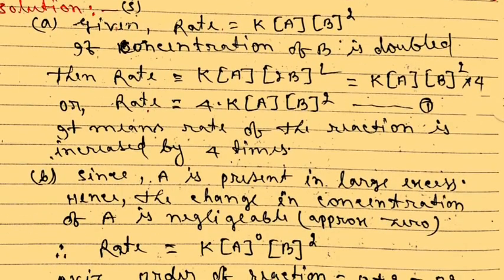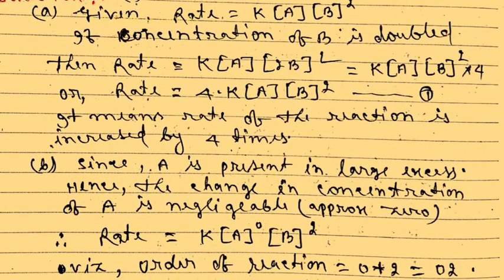Now, solution. What is given here? Rate is K into concentration of A into concentration of B square. If concentration of B is doubled, then rate will be equal to K into concentration of A into concentration of 2B whole square, because B is doubled.